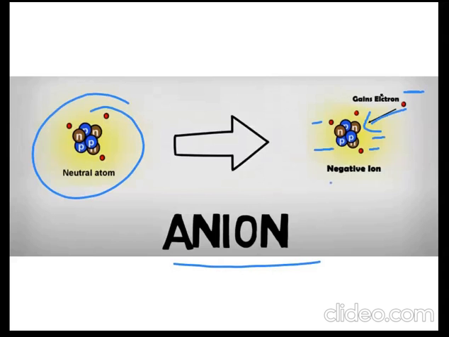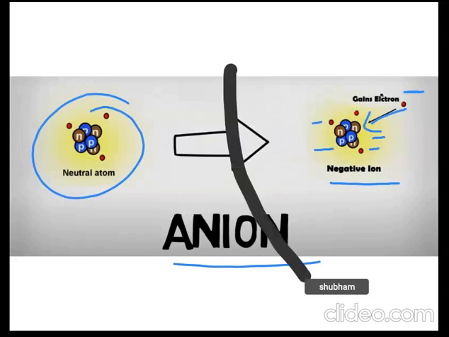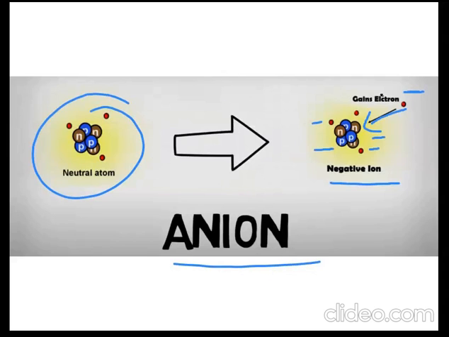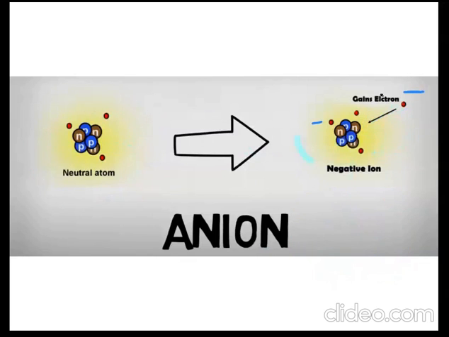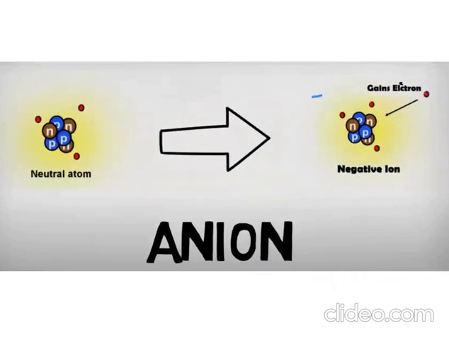So it becomes a negative ion, and it has been named anion. So anions are your negative ions. Anions are your negative ions. Right, beta? So your ions are of two types, cations and anions.